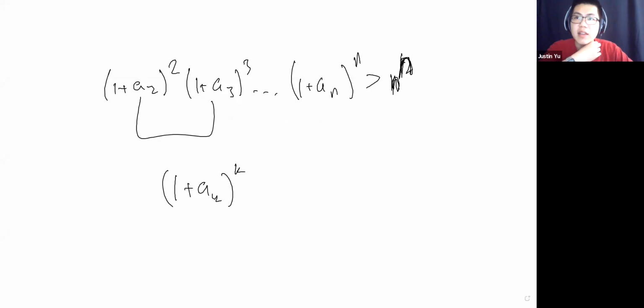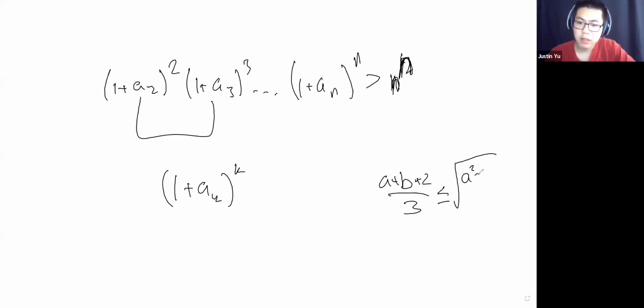So this is sort of like the power mean. So let's remind ourselves, what does the power mean say? If we have numbers like (a + b + c)/3, is it going to be less than or equal to the square root of (a² + b² + c²)/3? Is this what it is? I forget.